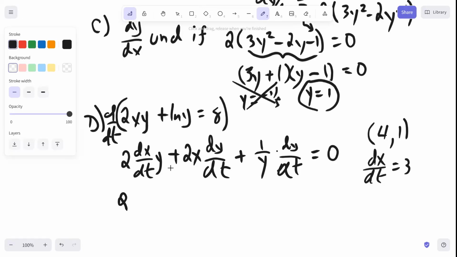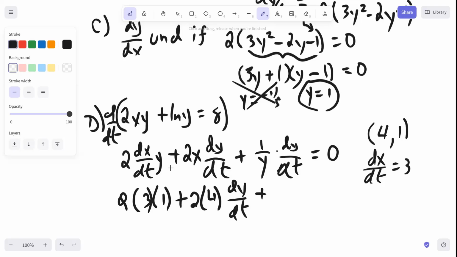So you would have 2 times 3 times 1 plus 2 times 4 dy/dt plus 1 over 1 dy/dt equals 0.